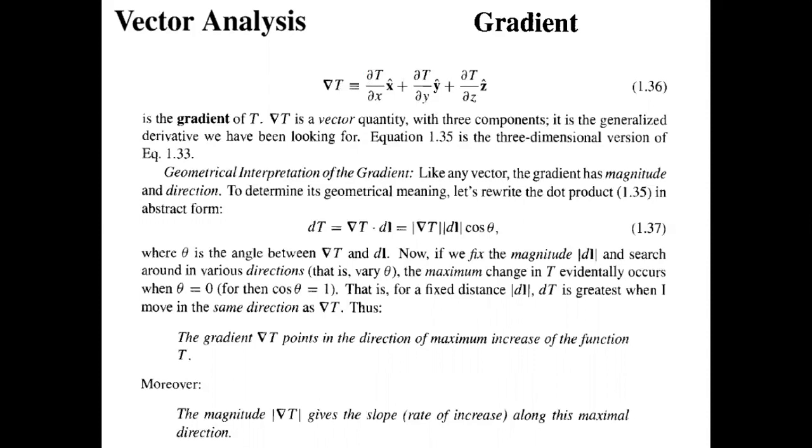The direction of the vector is the direction of the maximum increase of that function, whereas the magnitude gives the slope, the rate of increase along the maximum direction.